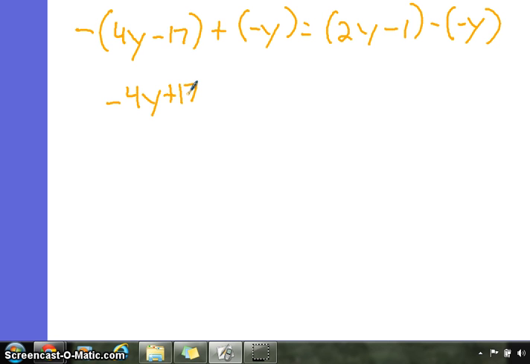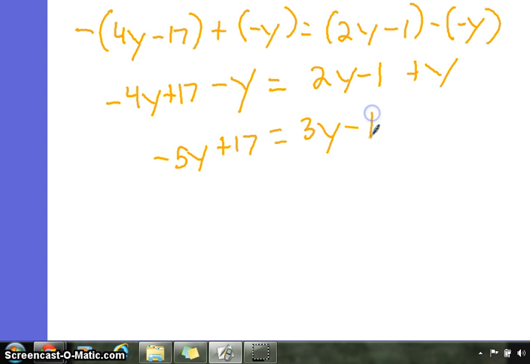So multiplying by negative 1, that's negative 4y plus 17. Nothing changes in this parenthesis. So since I'm eliminating, I'm going to do minus y equals, nothing changes here, 2y minus 1. And then minus minus is plus y. I'm going to combine like terms. Minus 5y plus 17 equals 3y minus 1.